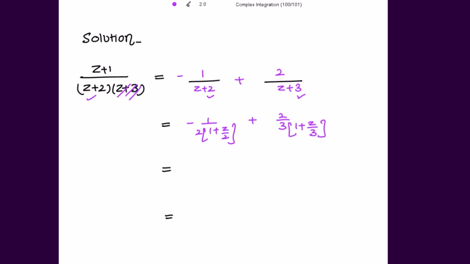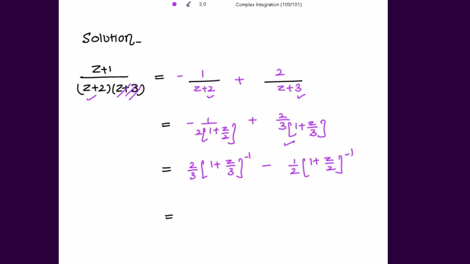And now taking this denominator to the numerator, let me write this first. So this is 2 over 3 into (1 plus z over 3) to the power minus 1 minus 1 over 2 into (1 plus z over 2) to the power minus 1.